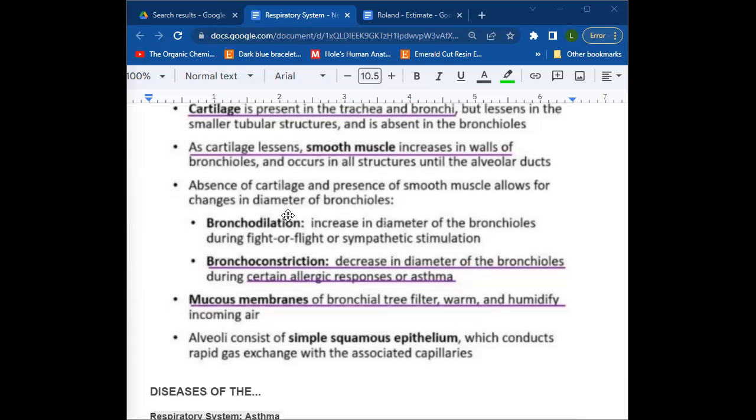Then bronchoconstriction is going to occur during asthma attacks or allergic reactions.